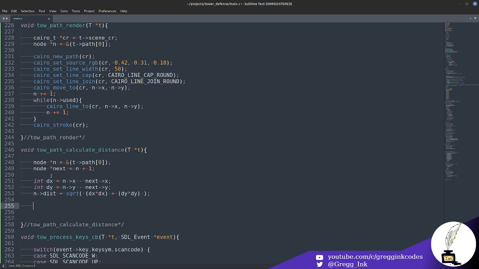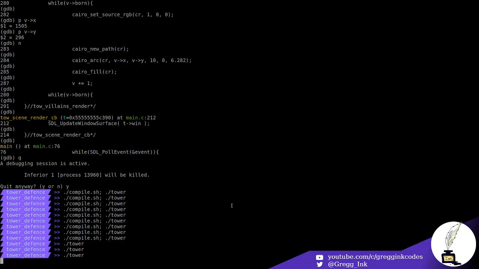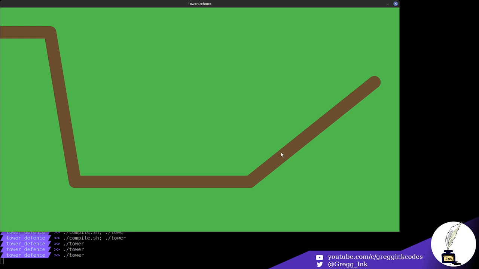Oh yeah, I'm not using a loop here, but I'm going to have to do that, because I'm going to compute the distance for every node. For the first node, I will calculate the distance between that node and the next. Then next becomes n, this becomes next, and I calculate the distance here.